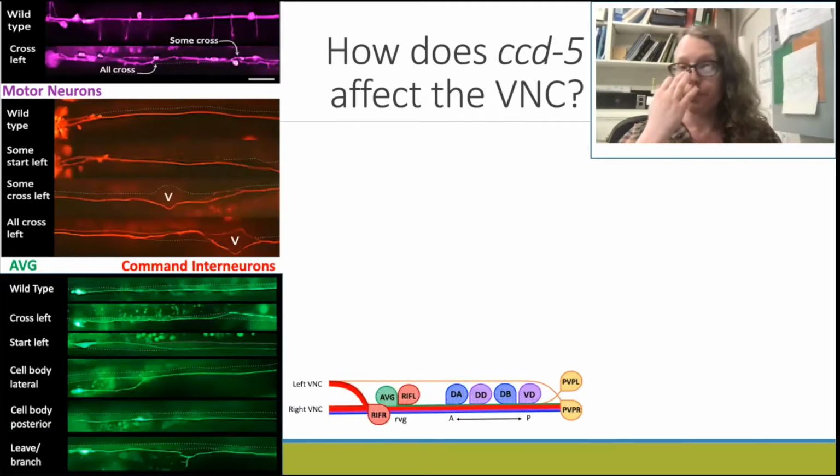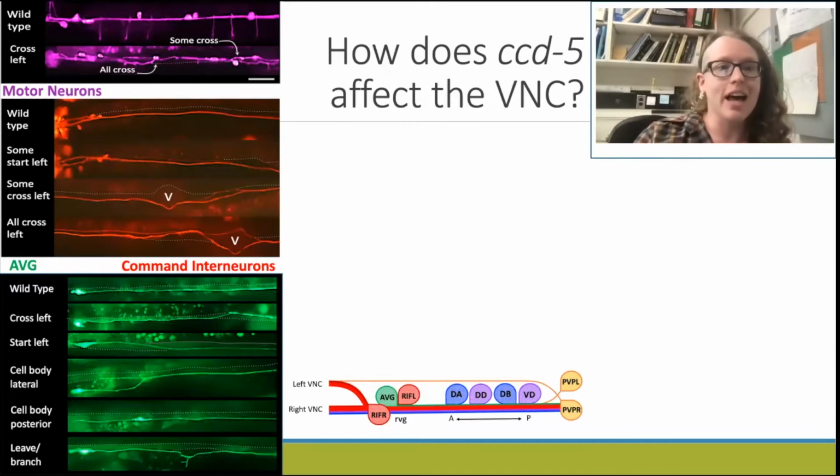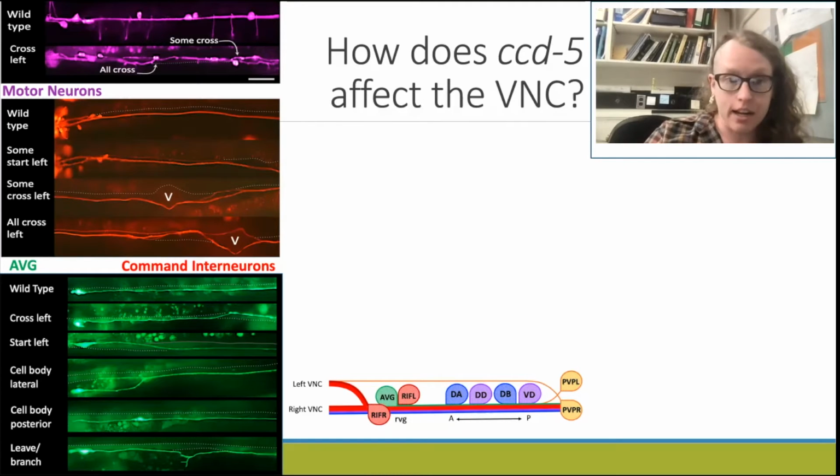So, the first step to understand this is by fully describing how weird the ventral nerve cord actually is. And here we have some beautiful pictures communicating that. Aren't they so pretty? We see all of the range of defects that ABG, our pioneer axon, can have.